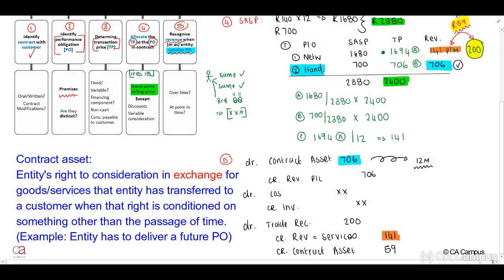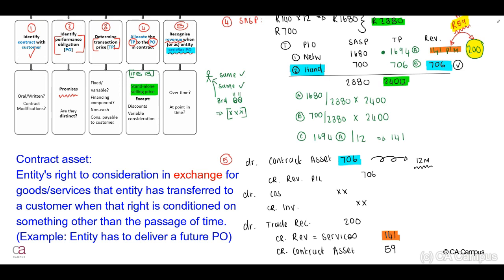Now, let's quickly talk about our contract asset. This is the entity's right to consideration in exchange for goods or services that the entity has transferred to a customer when that right is conditioned on something other than the passage of time. Therefore, guys, this will be a future performance.